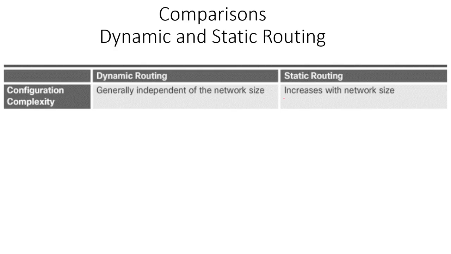So if there will be multiple paths, multiple destinations, then if you're using static routing, then there could be multiple routes, multiple configurations. It will add to the burden of the network administrator because he or she will need to manually configure the static routes.